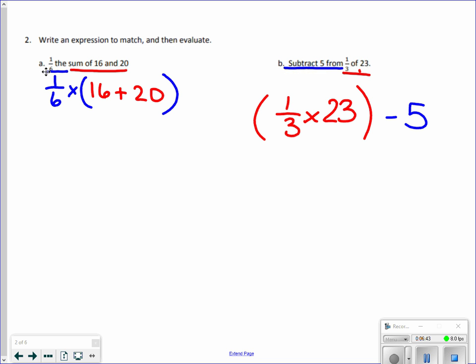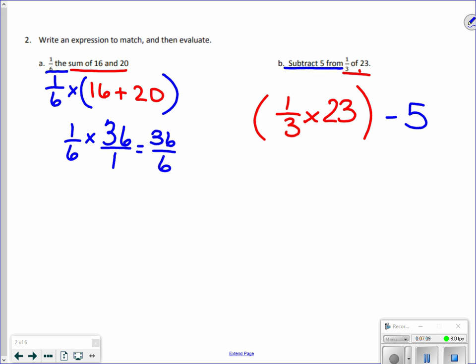The parentheses. 16 plus 20 is what? 36. 1/6 of 36. If you do standard, you get 36 over 6.